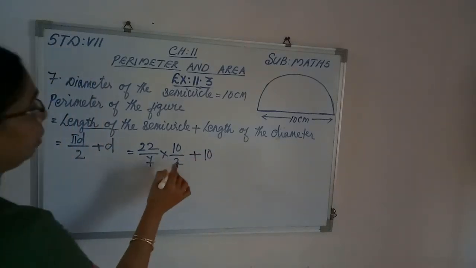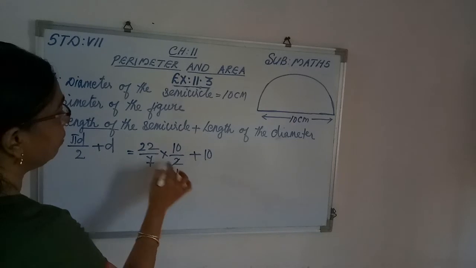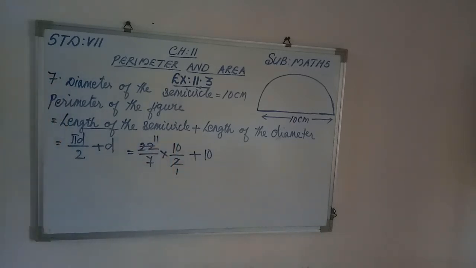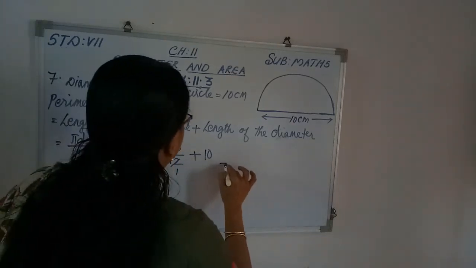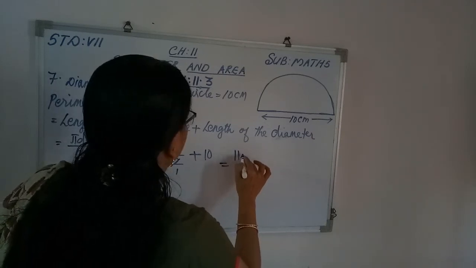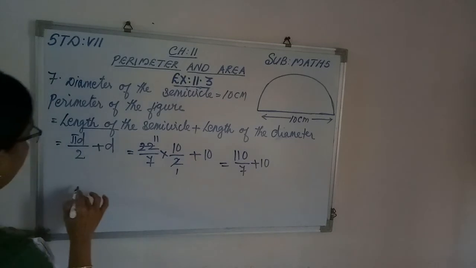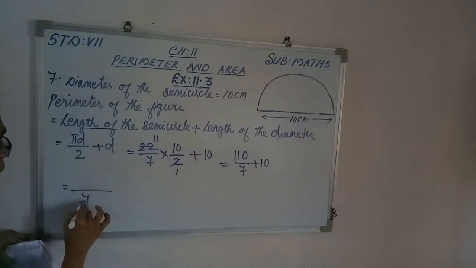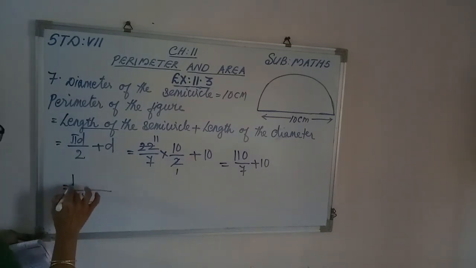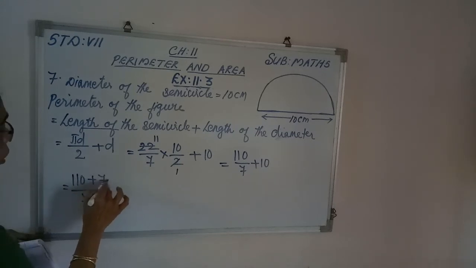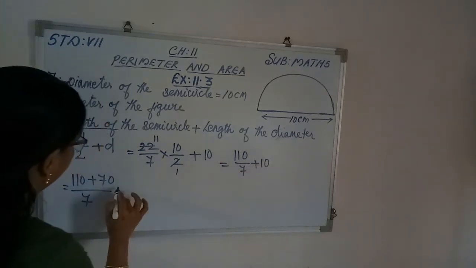Now, see here, 2 1s are 2, 11s are 11. What will you get here? That's equal to 110 upon 7 plus 10. Take 7 as the LCM or common denominator. 110 plus 7 into 10, 70.